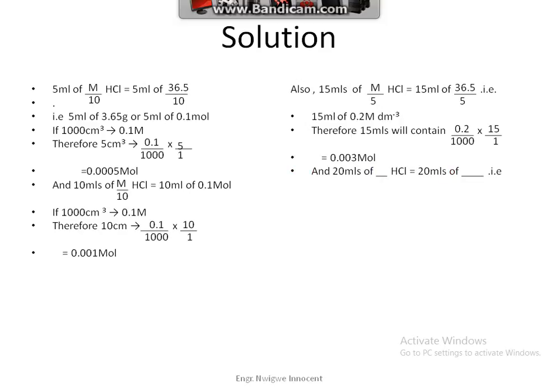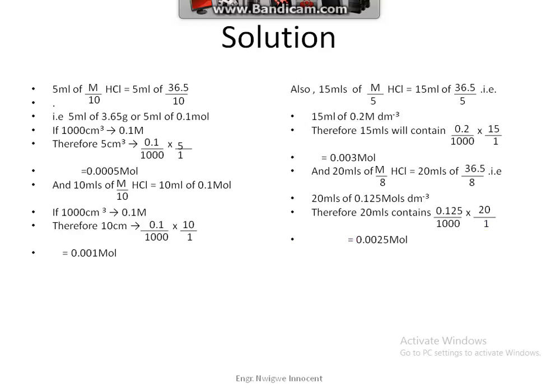And 20 milliliters of M over 8 hydrogen chloride is equal to 20 milliliters of 36.5 over 8, that is 20 milliliters of 0.125 moles per dm cube. Therefore, the 20 milliliters contains 0.125 over 1000 times 20 over 1, which is equal to 0.0025 mole. Solution with 0.05 mole has the lowest pH, which is answer A.